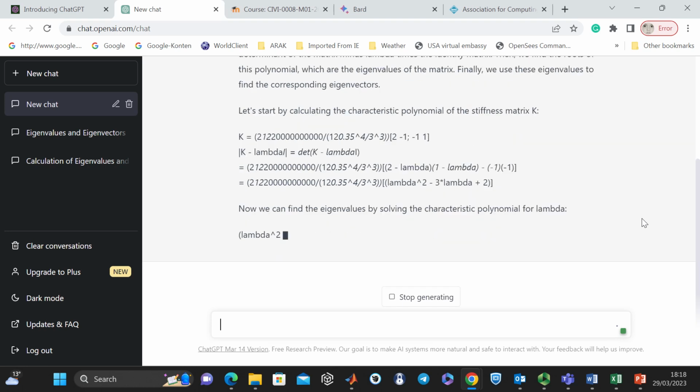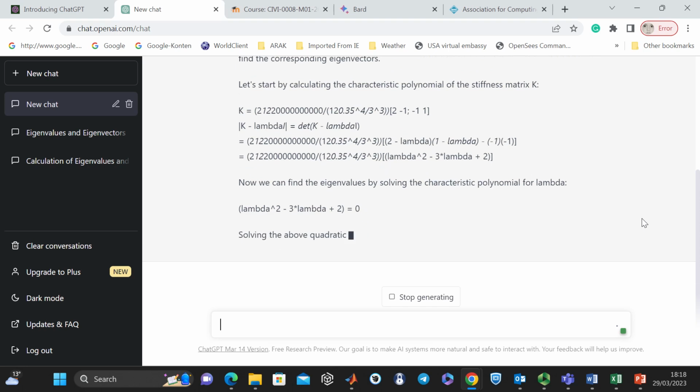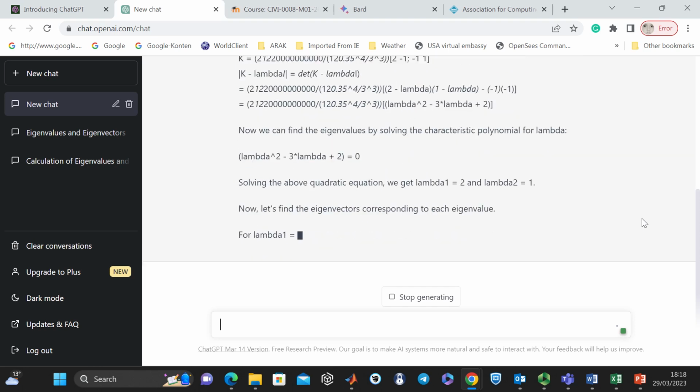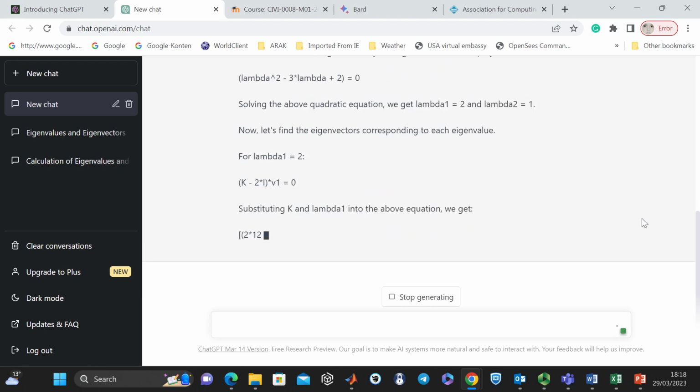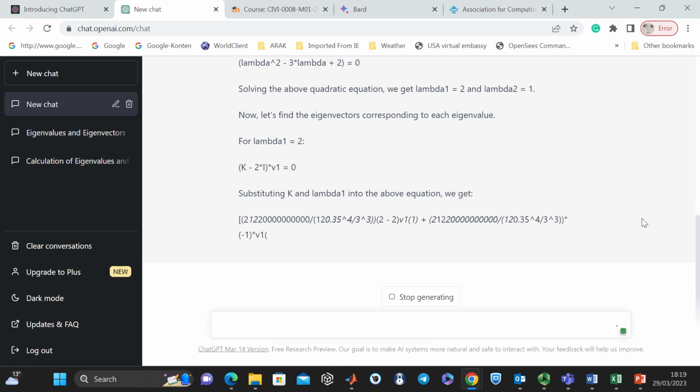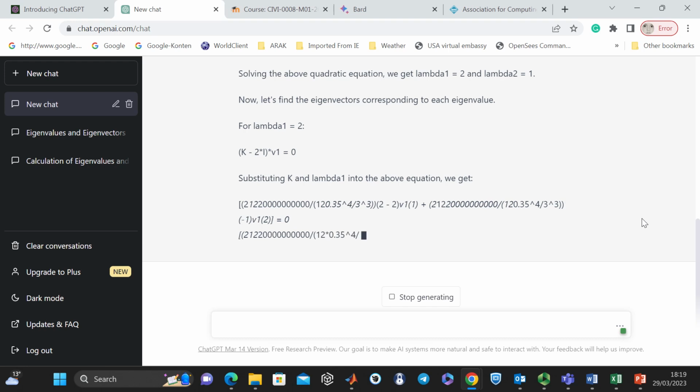You can see it's going to calculate the determinant of K minus lambda, and it's proceeding with different sorts of calculations. Sometimes it uses some available MATLAB or JavaScript codes on the internet, or other available codes, and really runs those codes to come up with some solutions.